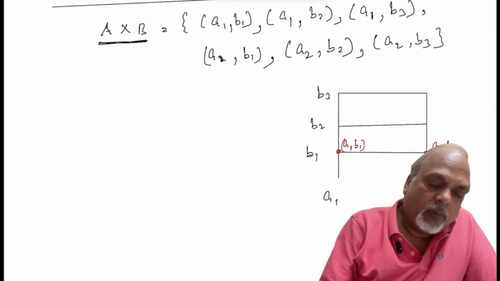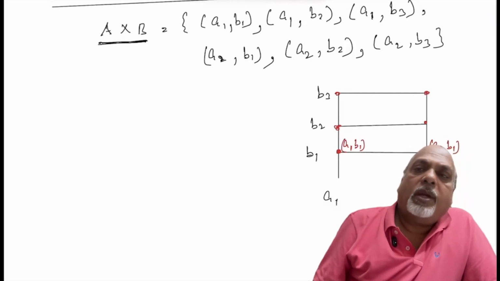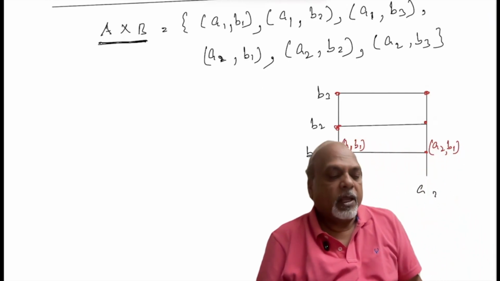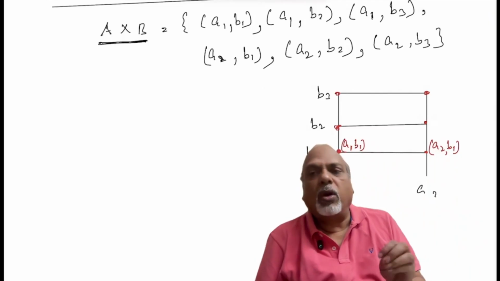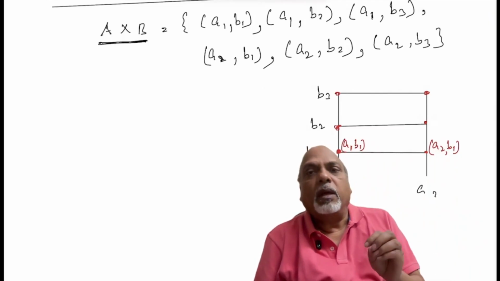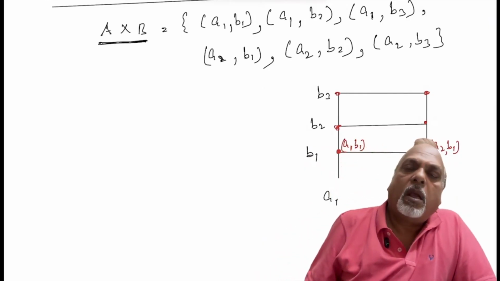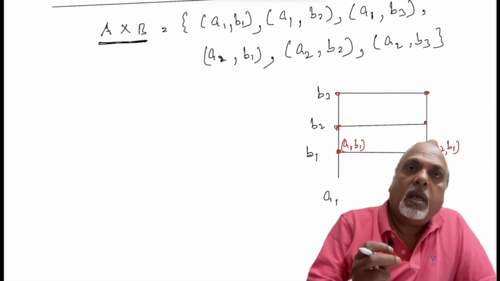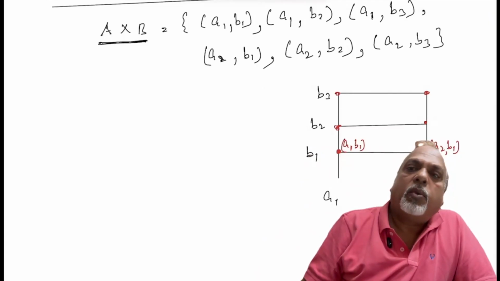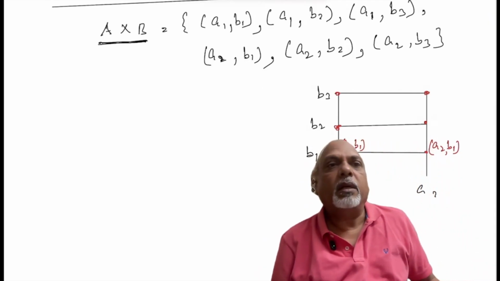This is A2, B1. Like that, all these points are there and basically they are the distinct points. Correct? Position of these ordered pairs will be on this map. It will have the distinct position. Correct? A1, B1 has got a distinct position and A2, B1 has got a distinct position. Correct? So this is the meaning of basically Cartesian product.